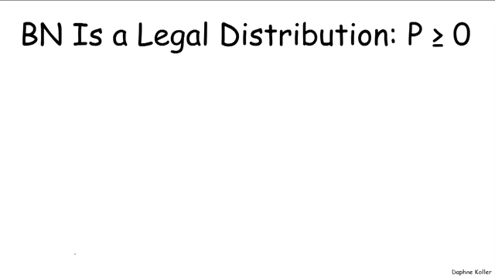So that's great, and I just defined a joint probability distribution, but who's to say that that joint probability distribution is even a joint probability distribution? So what do you have to show in order to demonstrate that something is a joint probability distribution? First thing we have to show is that it's greater than or equal to 0, because probability distributions better be non-negative. And in order to do that, we need to show that for this distribution P. And this, as it happens, is quite trivial, because P is a product of factors.